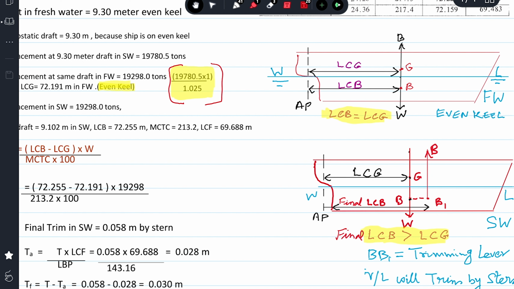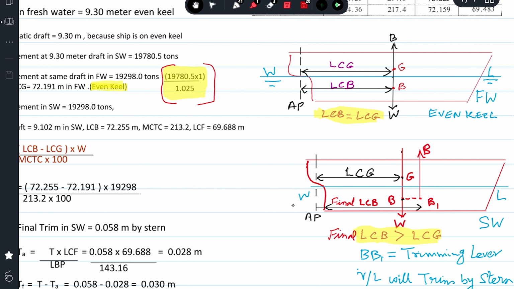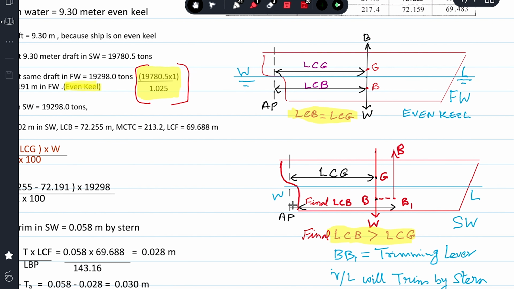Now the ship is now in salt water. My LCB has increased to 72.255. So it was 72.191. It has now increased to 72.255, whereas my LCG remains unchanged at 72.191. So the ship's LCB has become greater than the LCG.